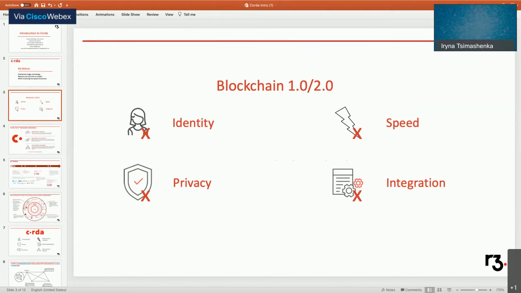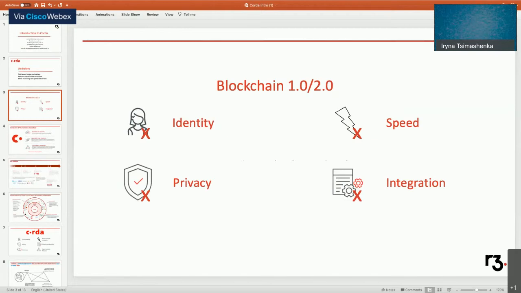And lastly, integration. Why do we need integration at all? A blockchain doesn't form the entire application. It needs to communicate with multiple other applications. For example, if you're making payments on a blockchain, then the blockchain platform needs to communicate with the core banking system.